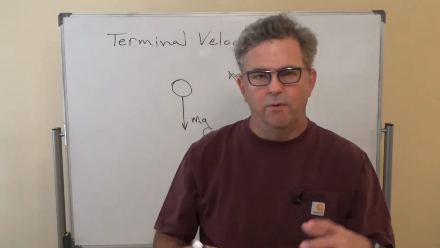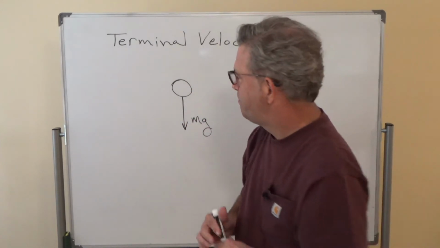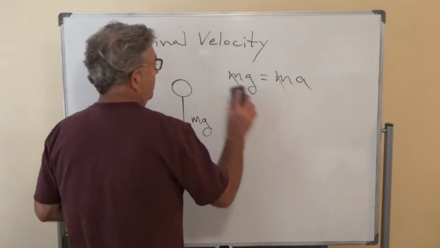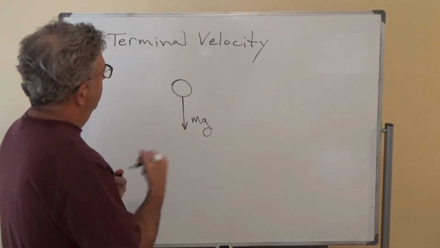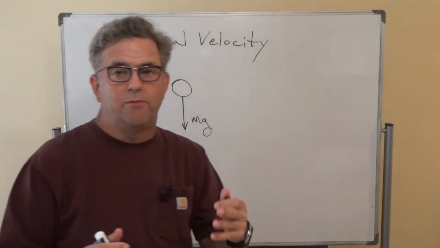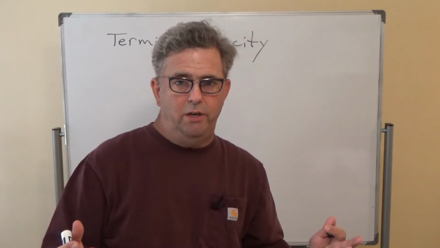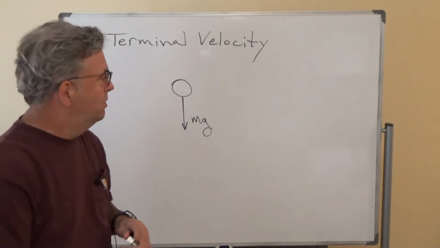The air resistance is there, but it's fairly negligible. Okay, so if there's no air resistance, then all objects fall with an acceleration of g. But once you introduce air, it's a really, really different story.